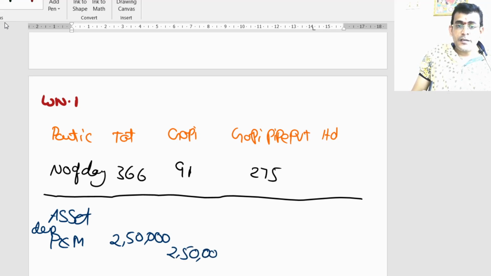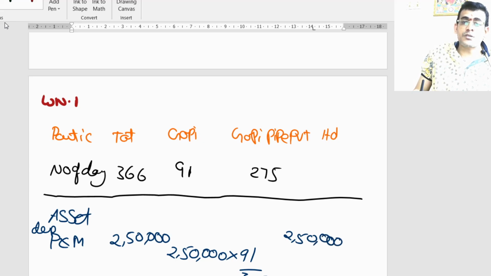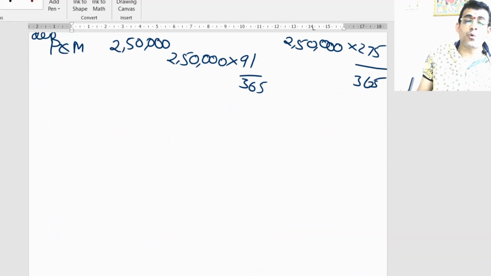That means what we are going to do, 2,50,000 into 91 divided by 365. If I do, I will be getting the amount of depreciation apportioned to Gopi. Now coming to Gopi Pipes, same thing again, 2,50,000. As Gopi Pipes has used the asset for 275 days, 275 divided by 365. That is going to give you the amount of depreciation which both the people can take.